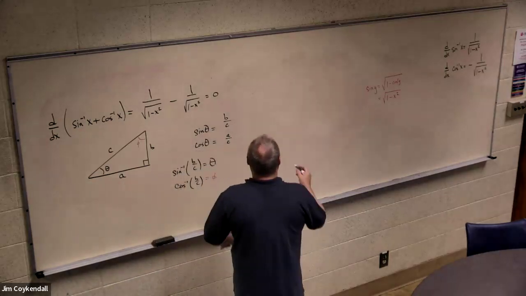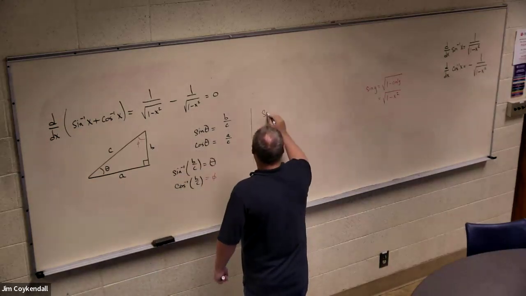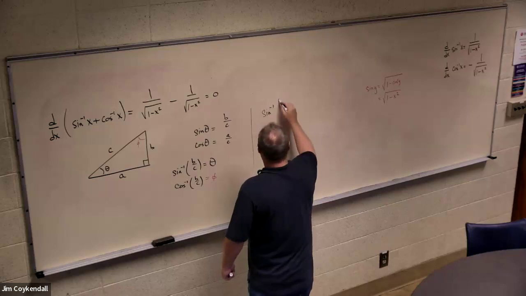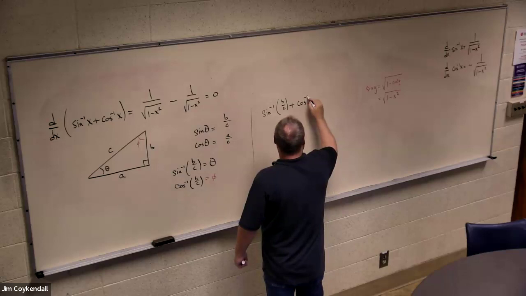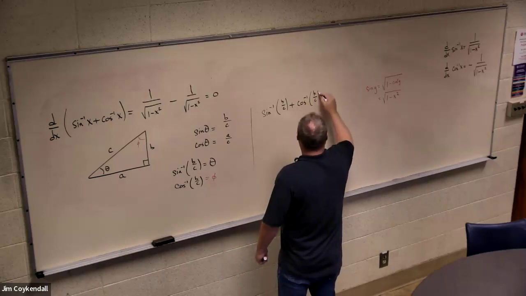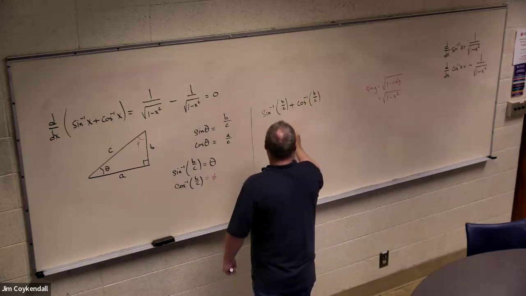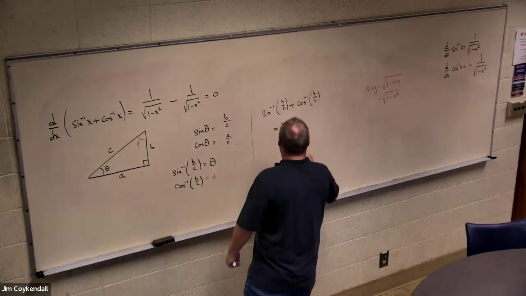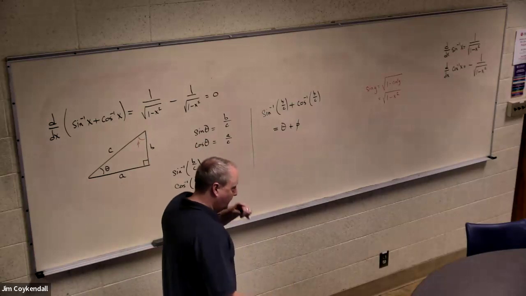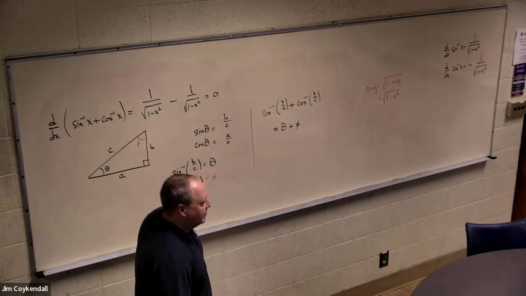So what is then the inverse sine of B over C, plus the inverse cosine of B over C? It is the angle theta, which is in this corner, plus the angle phi, which is in this corner. What do those two angles always add up to?